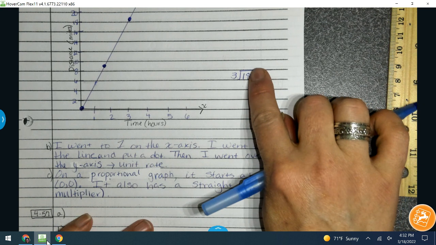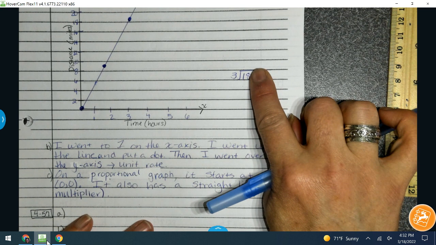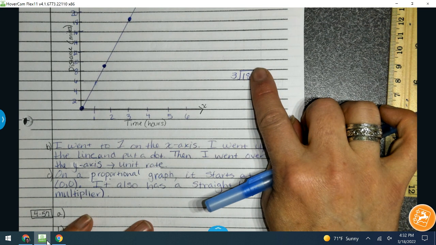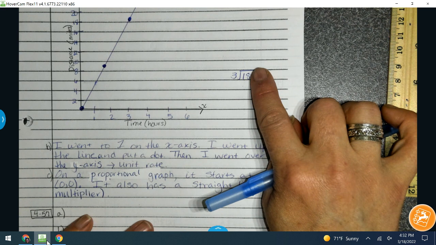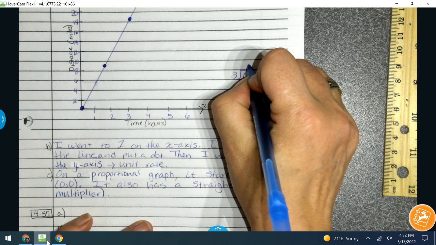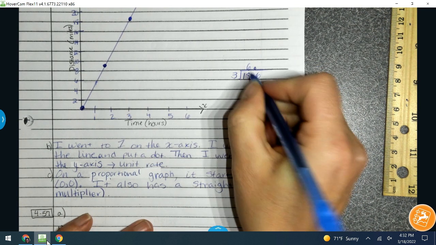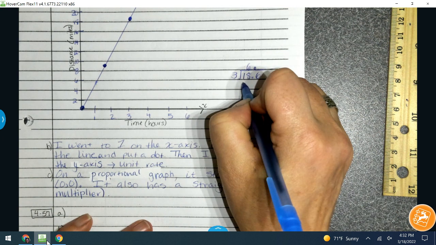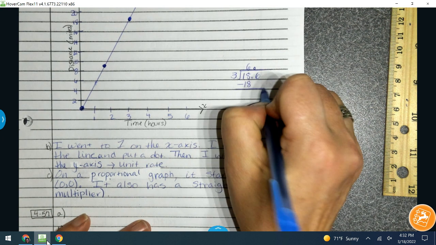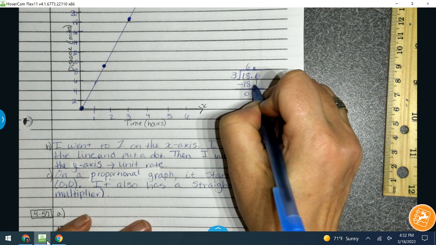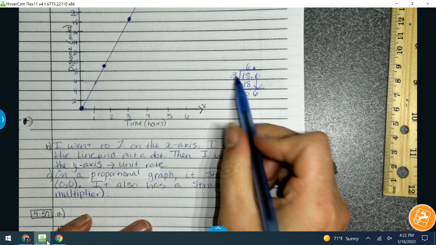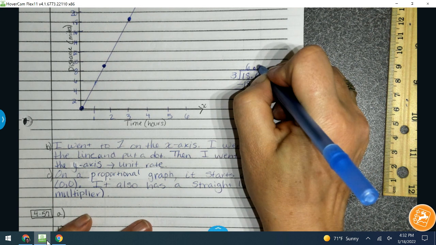So I'm going to start right here. I have 18 divided by 3, which is 6. I'm going to make sure my decimal's there. 6 times 3 is 18. 0 leftovers. I'm going to bring this guy down. How many 3s are in 6?